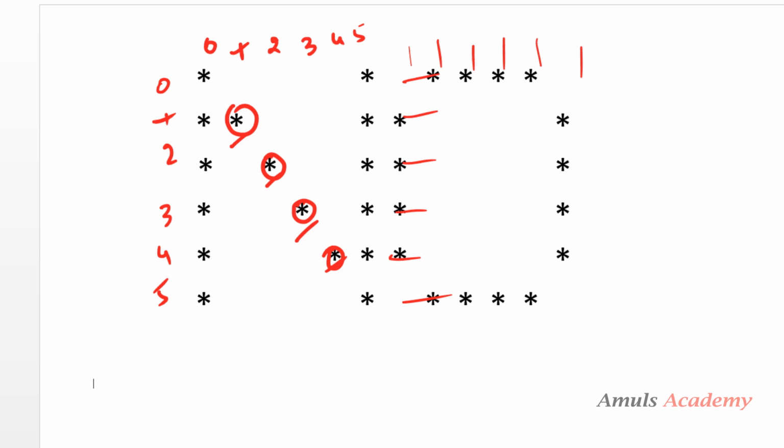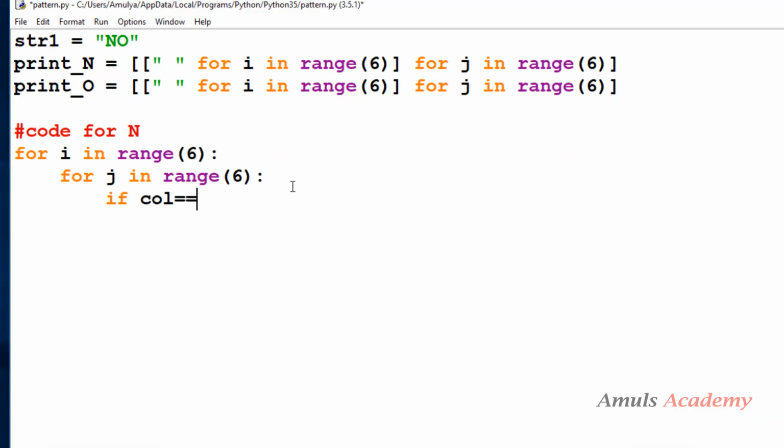So I'll write the condition like this. Okay, so this is the condition: when column is 0, column is 5, or when row is equal to column. Here OR is the logical OR operator. So if any one of these conditions is true, we need to print a star.